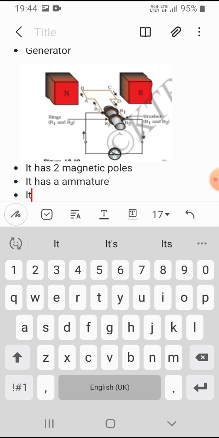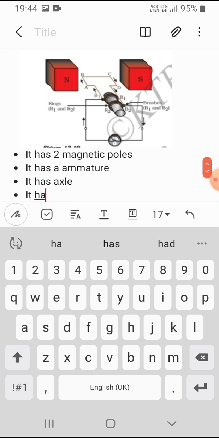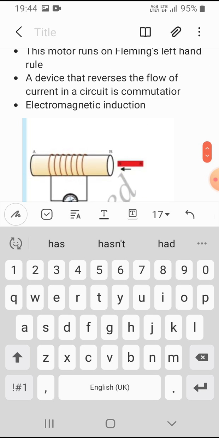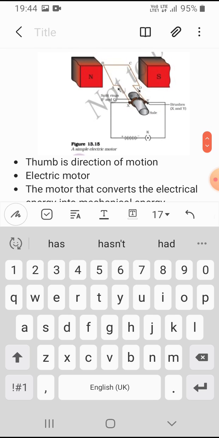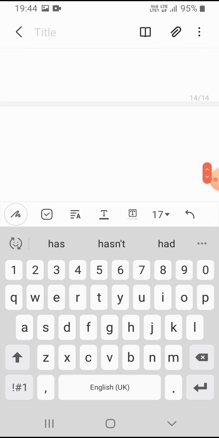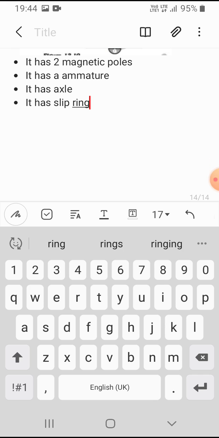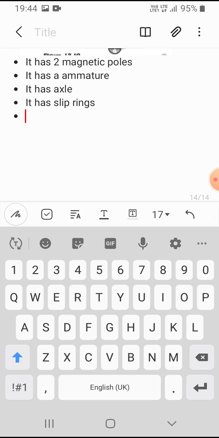It has an axle, but here it has slip rings, not split rings.